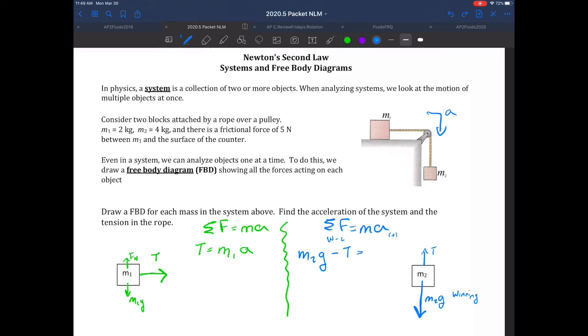So we'll use M2 times A. There are numbers to this problem, so let's go back and we'll fill in some numbers. So T equals M1A. M2 times G minus T equals M2A.